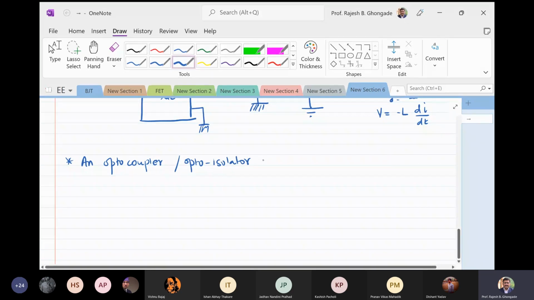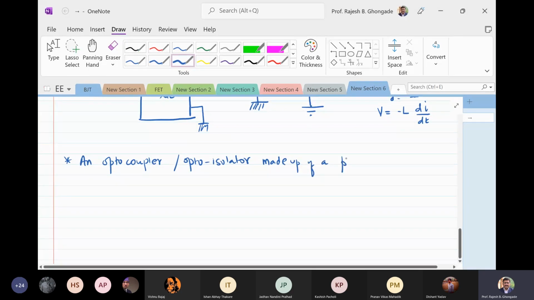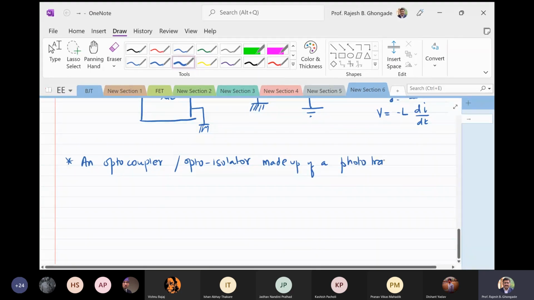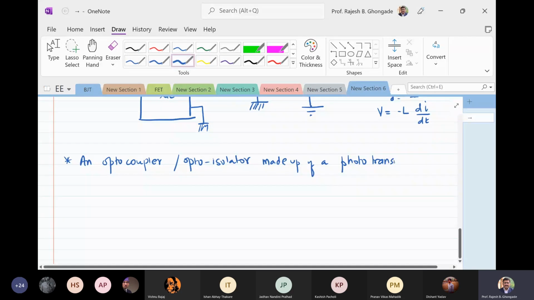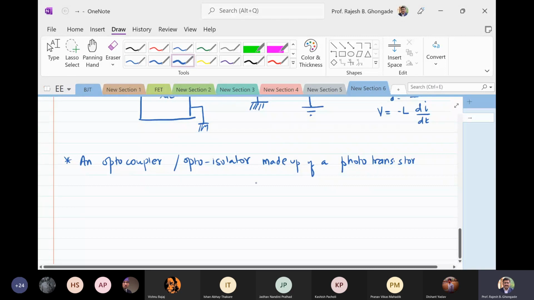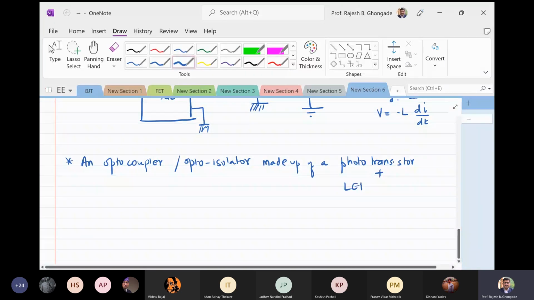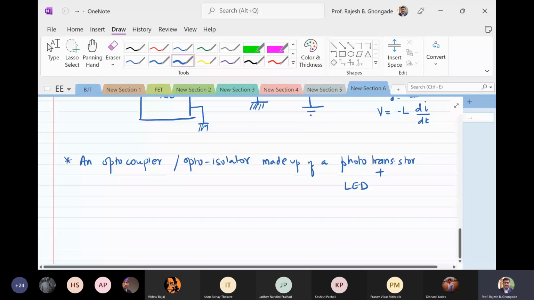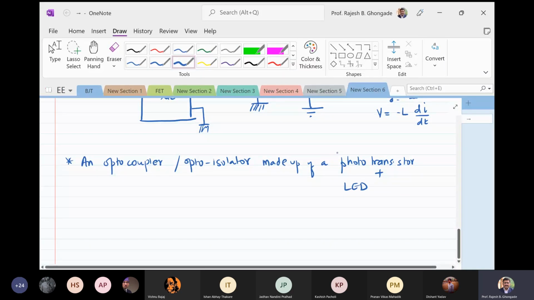It is made up of a phototransistor plus an LED, which is combined in a single package.